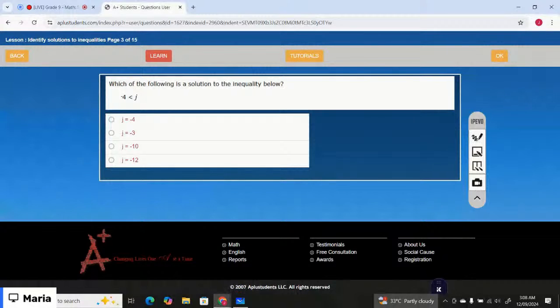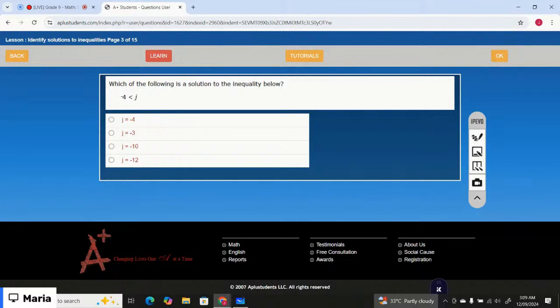Which of the following is a solution of the inequality? Negative 4 is less than j.